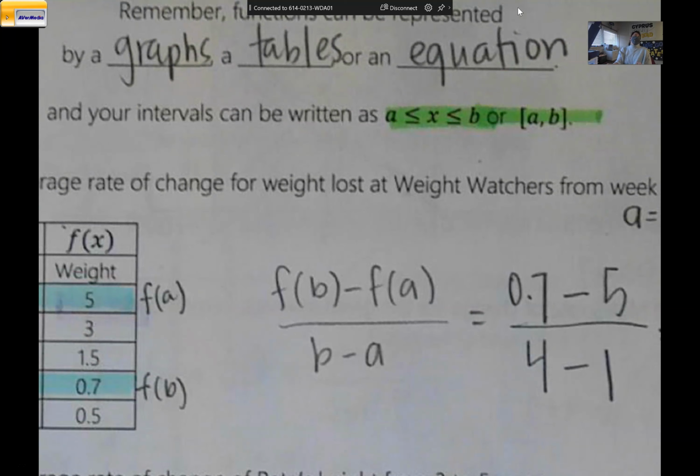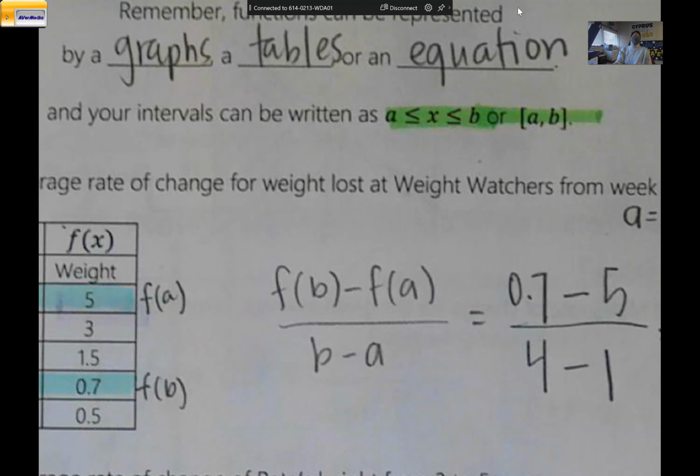Okay, well, I can indicate that on my table by highlighting what is in those spots. So in week 1, I have a weight loss of 5 pounds. And in week 4, I have a weight loss of 0.7 pounds.